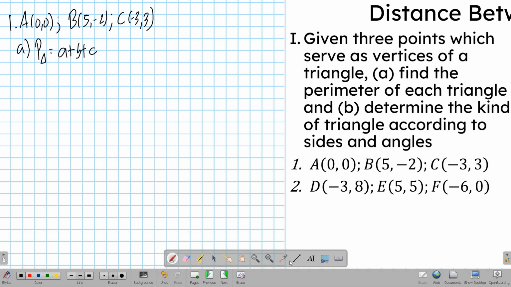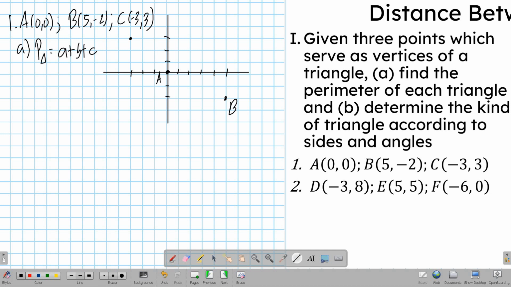So, if we're going to roughly sketch this in a Cartesian plane, para lang alam natin, (0, 0) is here. So, that's A. 1, 2, 3, 4, 5. This is B, (5, -2). And C is 1, 2, 3, negative 3, 3.